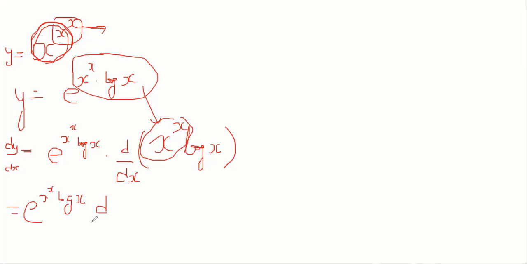Now d by dx. See, this is very complex in thinking only. Now again, if I want to do d by dx of x to the power x, what can I write x to the power x as? e to the power x log x, or not?